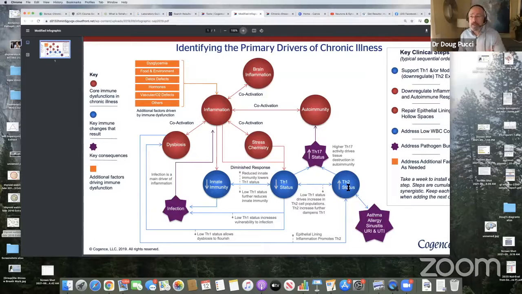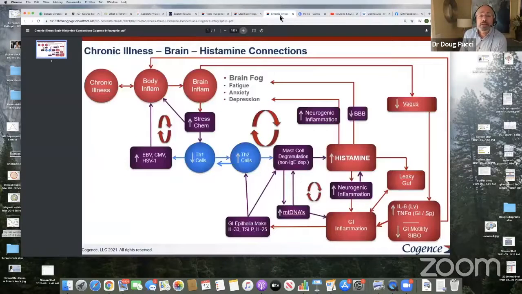The person can't come down from Th2. They're upregulating the Th17. And now, post-COVID, they're turning on autoimmunity. And that's what we're seeing post-COVID: an explosion of autoimmunity that was triggered by the COVID infectional response.